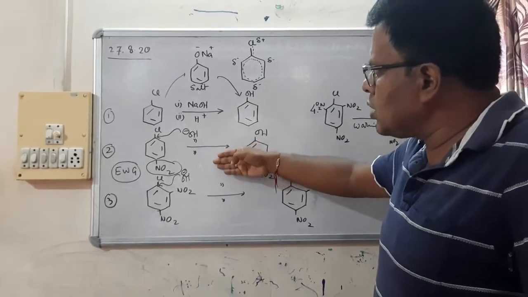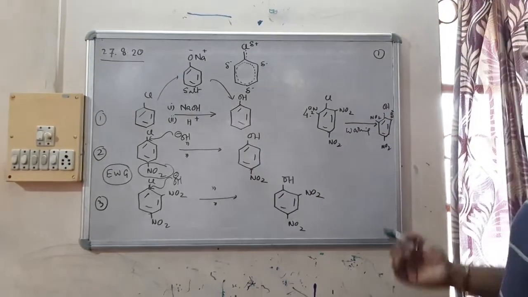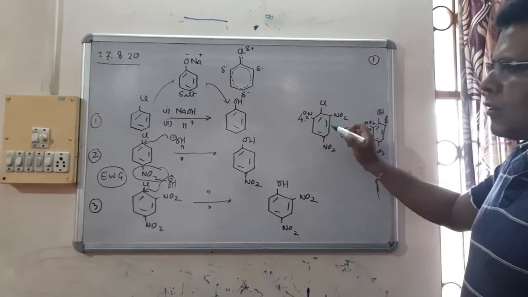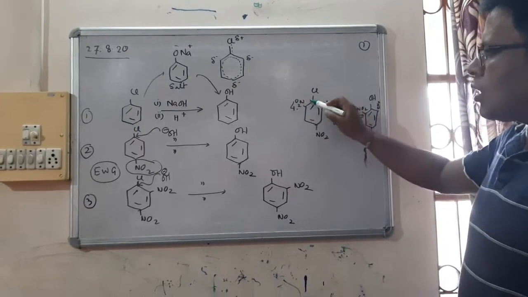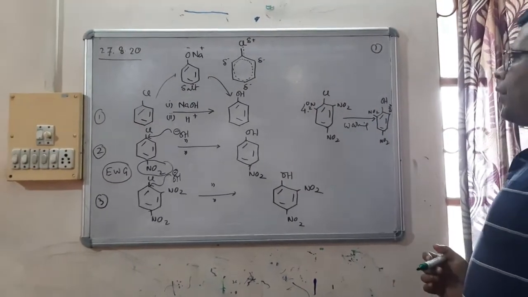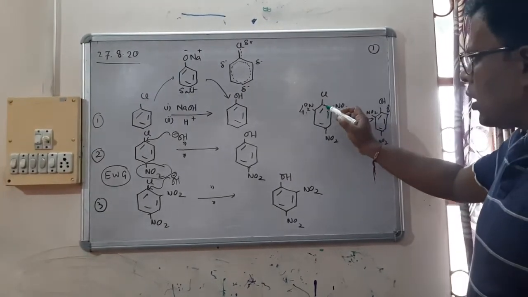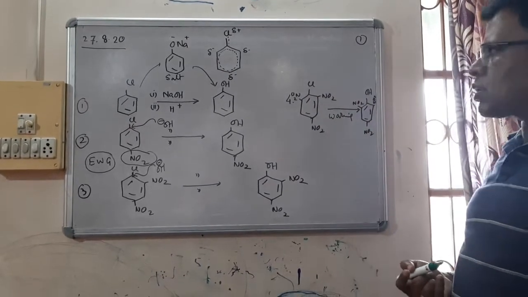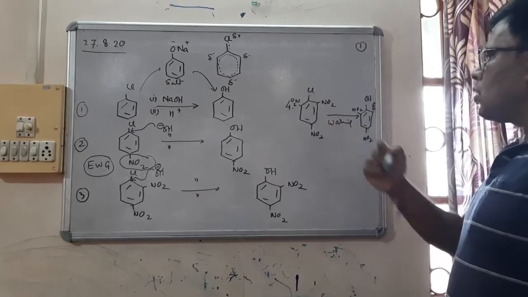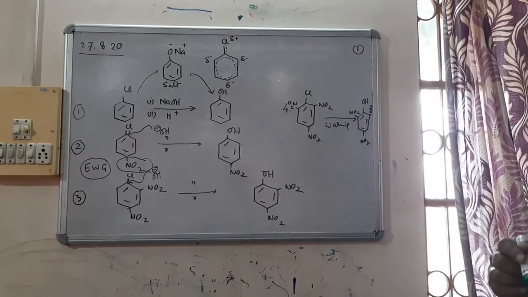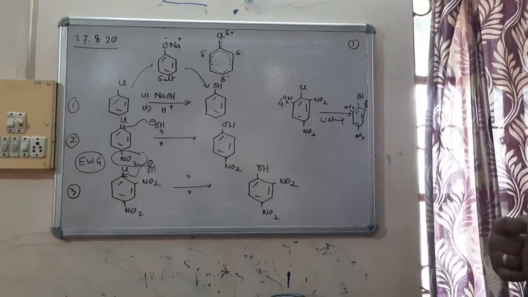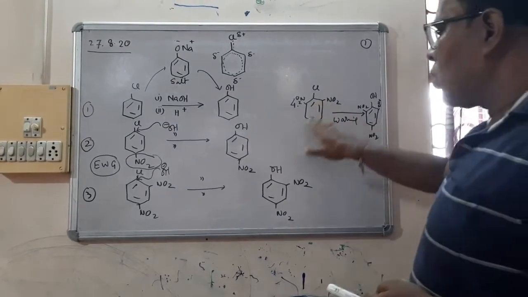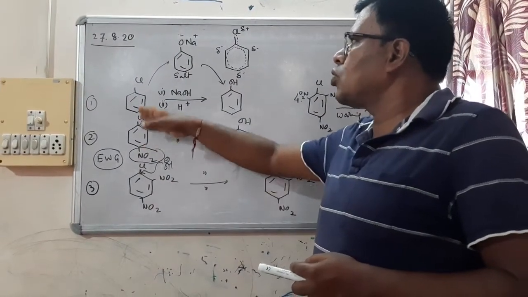And with 3 NO2 groups, 2 at ortho and 1 at para, there will be maximum decrease in the electron density of the ring, and that's why it will be quite reactive, and this one will undergo nucleophilic substitution reaction very easily. That's why just on warming this reaction happens. So this is the reason why this compound's reactivity is more than this one, and this is more than this one.